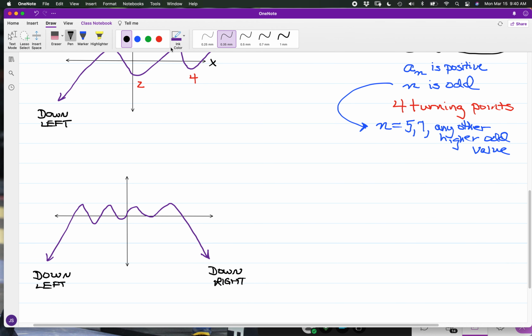And looking at the number of turning points, again you're combining the relative minima and maxima that will occur. And again, repeating, the end behavior is down to the left, down to the right.